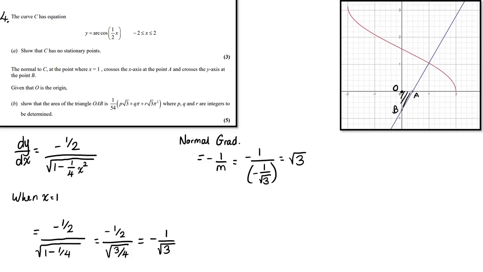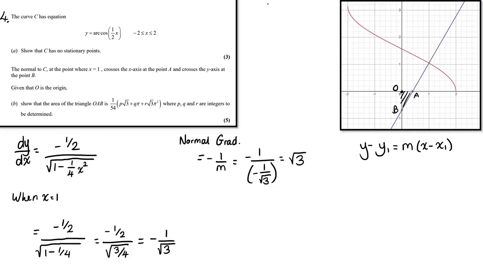Now here, what we need to do now is use the equation of a straight line that we know. So that's going to be y minus y1 is equal to m lots of x minus x1. And we need to consider the points that we know. So when x is equal to 1, what's y?